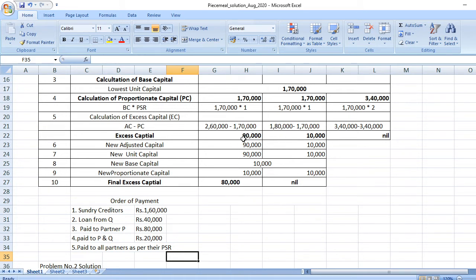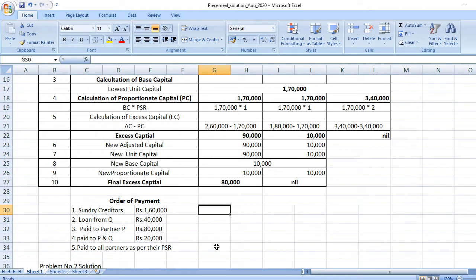From P's 90,000, 80,000 is already paid, so we pay 10,000 to Mr. P and 10,000 to Mr. Q, a total of 20,000. Then the remaining amount is paid to all partners as per their profit sharing ratio. Okay, I hope you understood the order of payment.